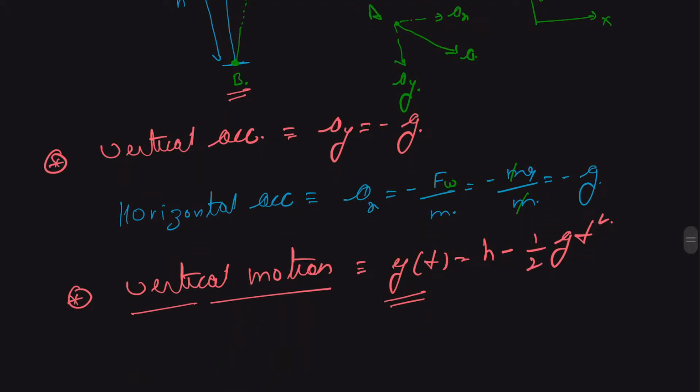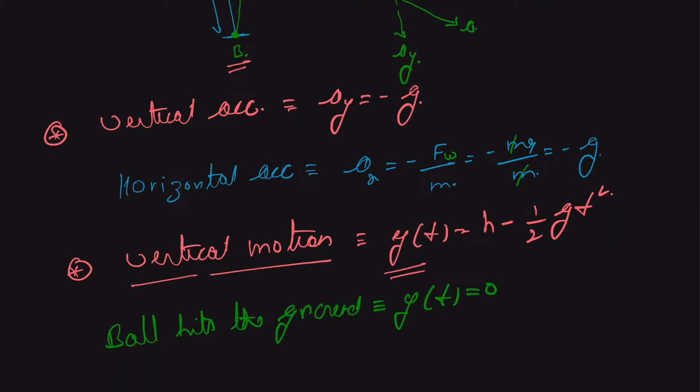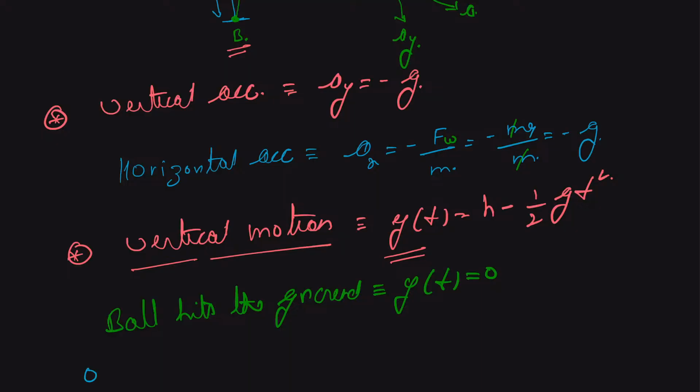Therefore we can write that the ball hits the ground, which basically means that y of t is equal to 0, and therefore we can write that 0 is equal to h minus 1 by 2 g t squared, and from here we get t is equal to the square root of 2h upon g.